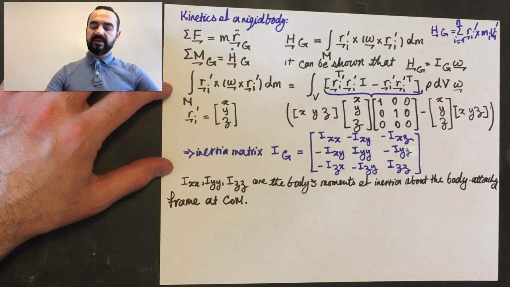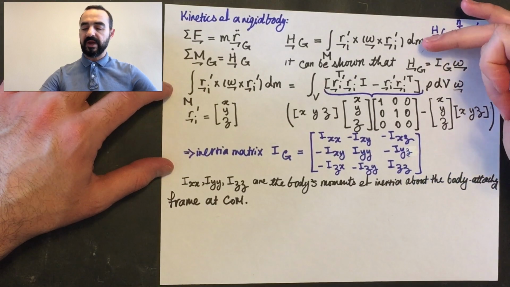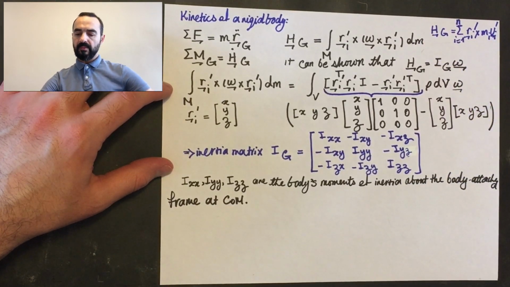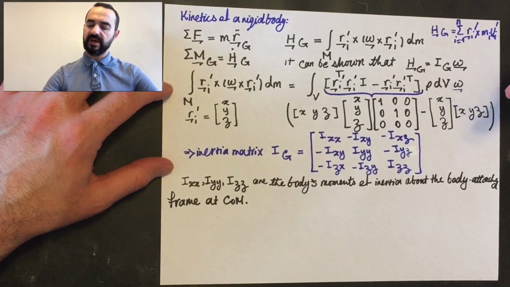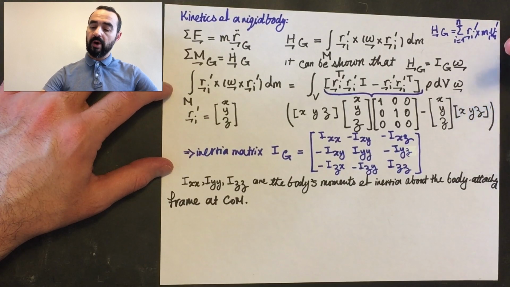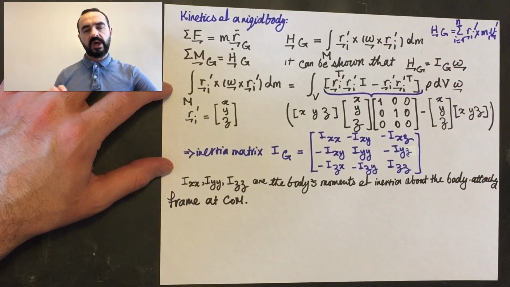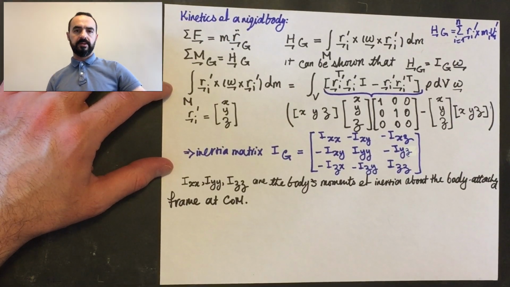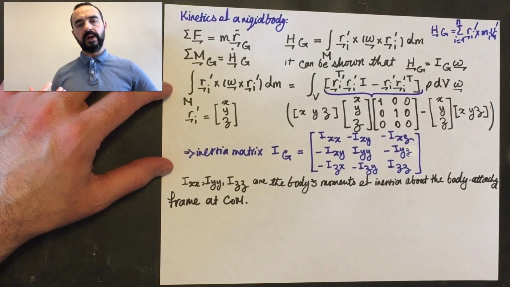Now, if you look at this equation for angular momentum, you see essentially two types of variables, meaning that we have r_i prime and dm, which depend on mass distribution in this rigid body, right? r_i prime and dm do not depend on our motion.